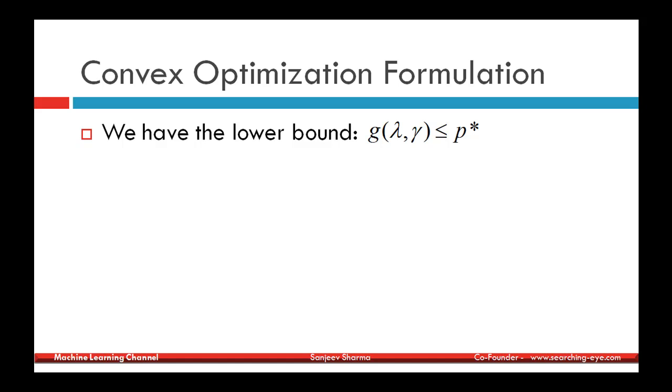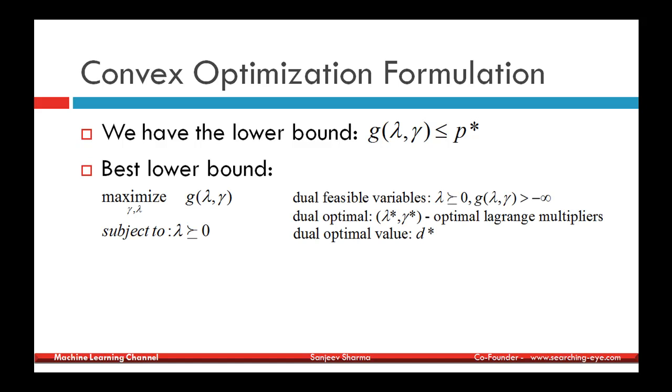To answer this question, we maximize the dual function. So the best lower bound for the value p star is the maximum value of the dual function g. To obtain the best lower bound, we maximize the dual function with respect to the Lagrange multipliers, the dual variables lambda and gamma. So maximize g of gamma and lambda, subject to the constraint that lambda is greater than or equal to 0.